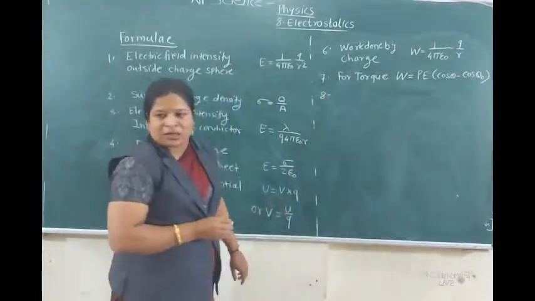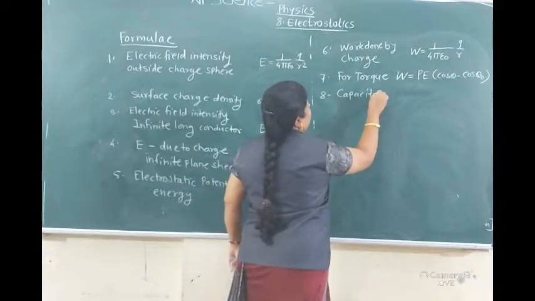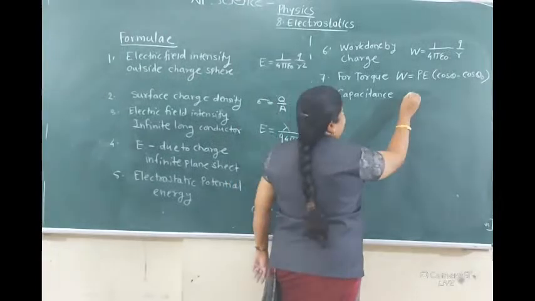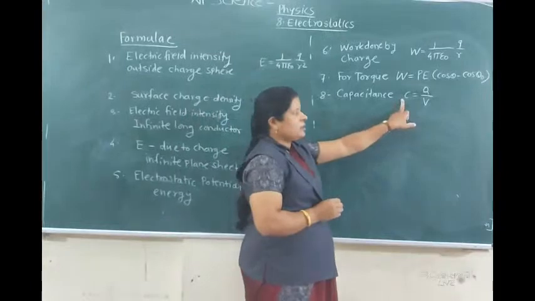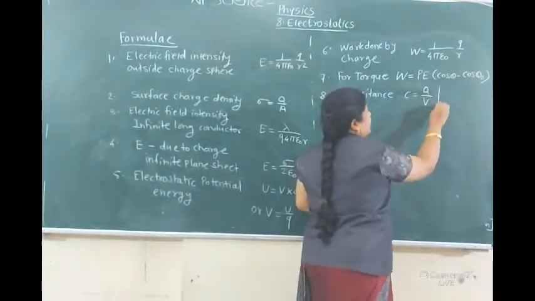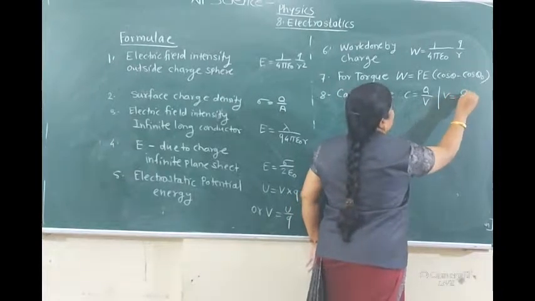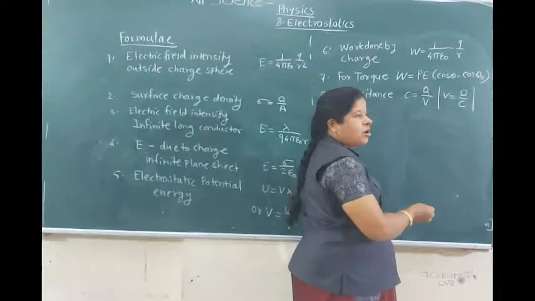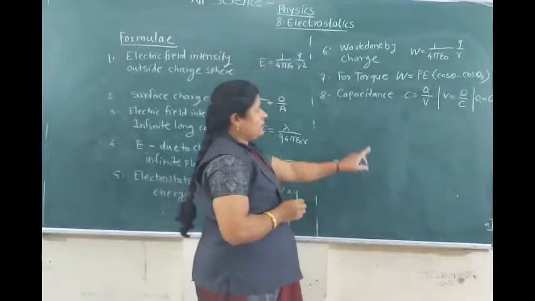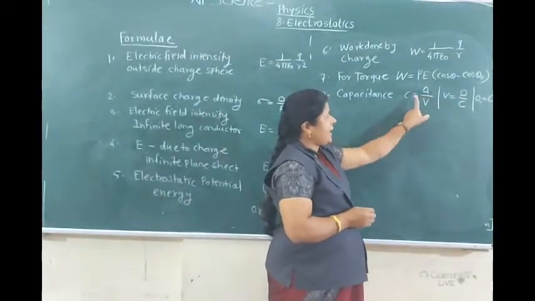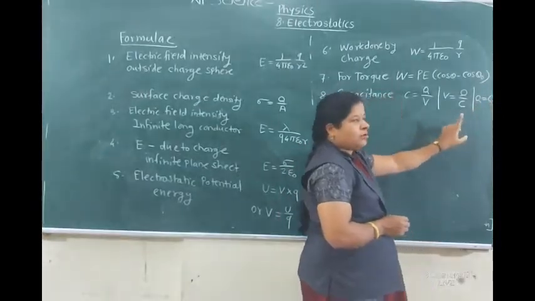Next formula, for the capacitance of the capacitor, C is equal to Q divided by V. This formula we can rewrite as V is equal to Q divided by C, or Q is equal to C into V.